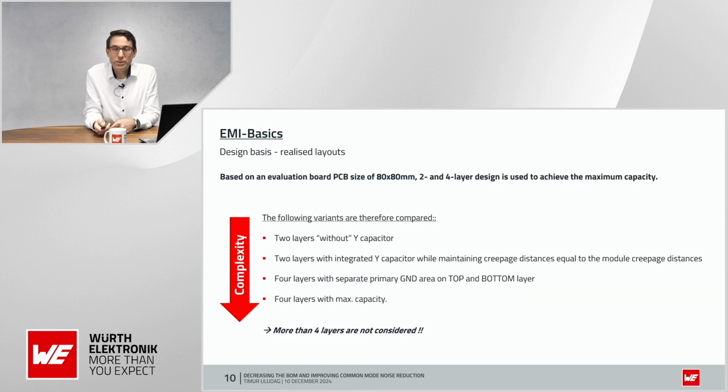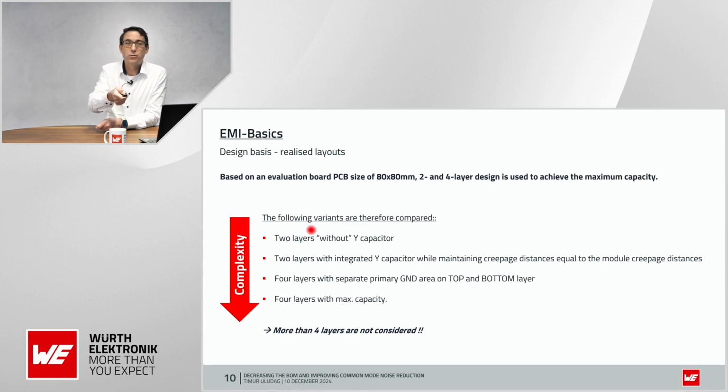Now we know which equations, which basic knowledge we need to go for a stitching capacitor. We have to think a little bit about which measurements, which versions of layouts would make sense here. We have chosen here 4 different layouts for the power modules based on an 80 by 80 millimeters PCB size.